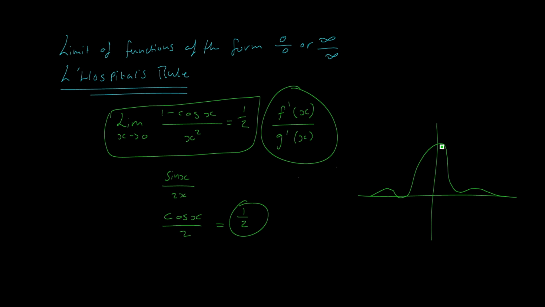Something like that, and we know the limit here as x approaches 0 is going to be 1/2. It's just a rough graph just to show you this example in context. That is meant to be even on both sides, but that's by the by. We're just interested in the limit of the function here.